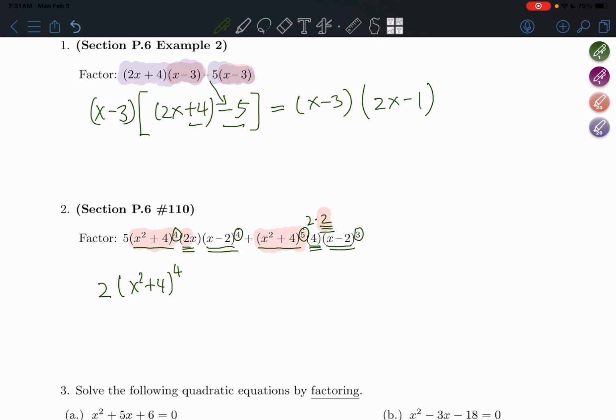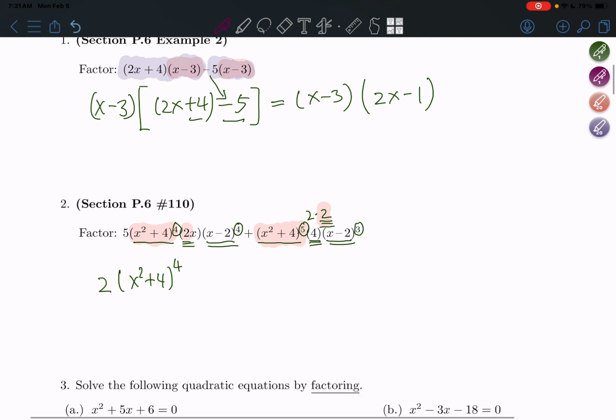So take out 4, I have 1 left. Okay, I'll write that down later.